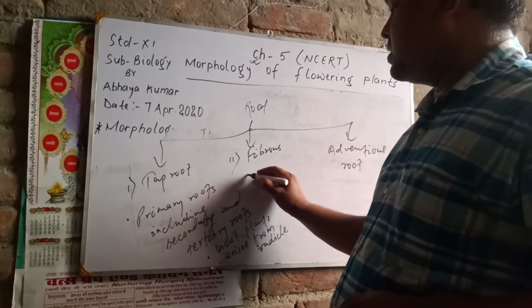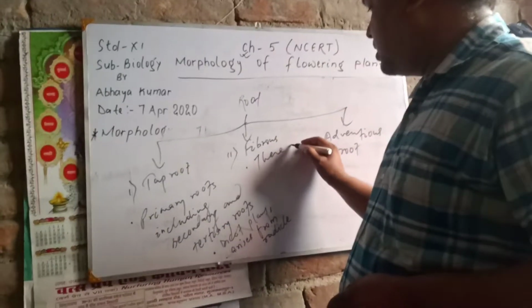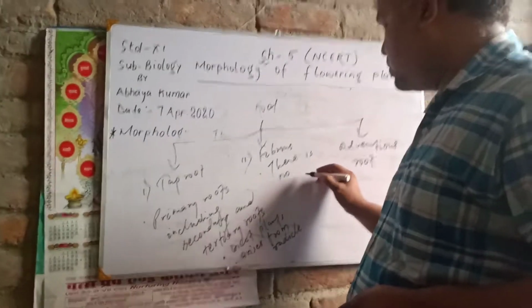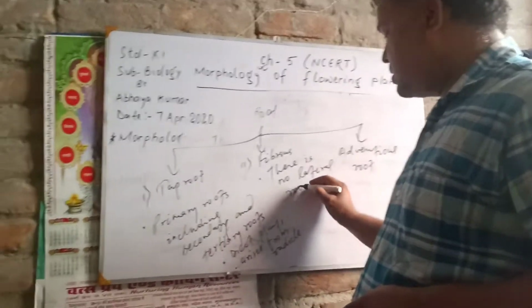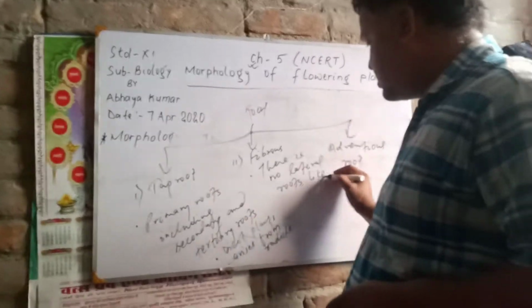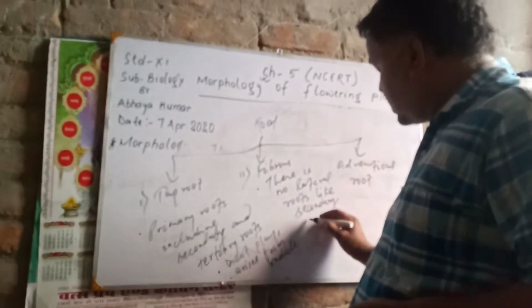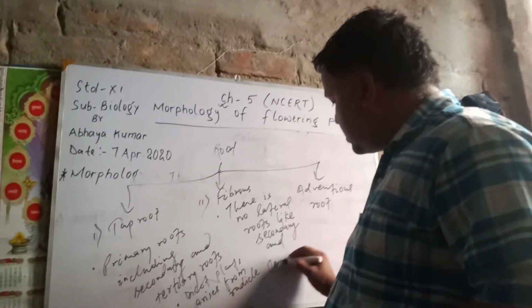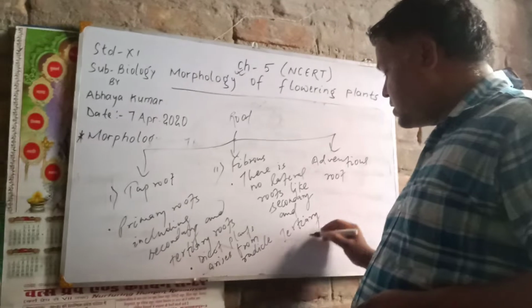Fibrous root: there is no lateral root like secondary and tertiary root.